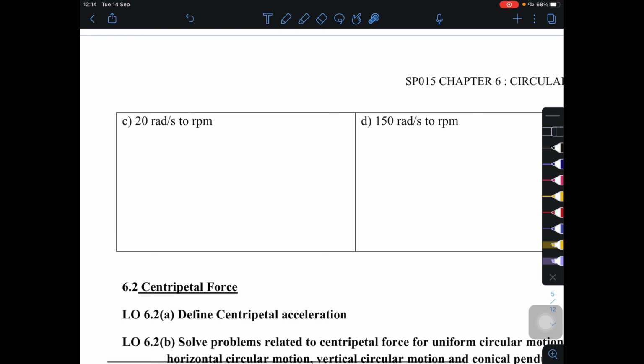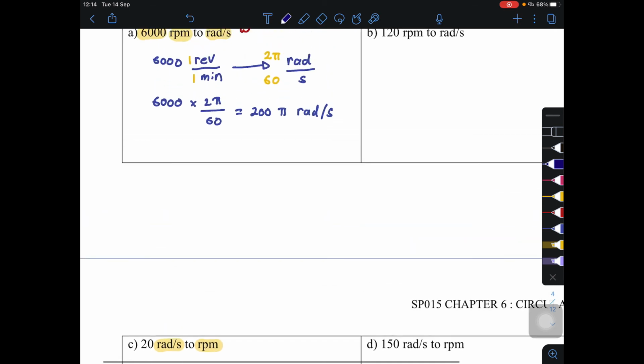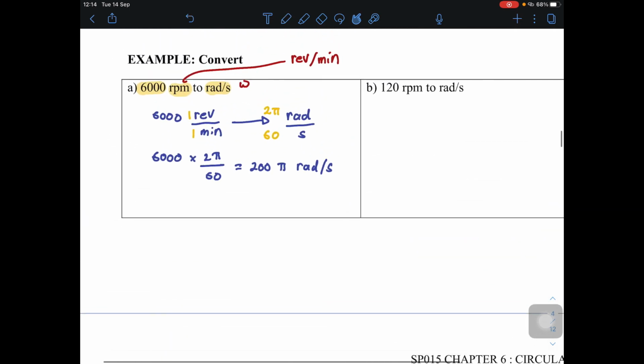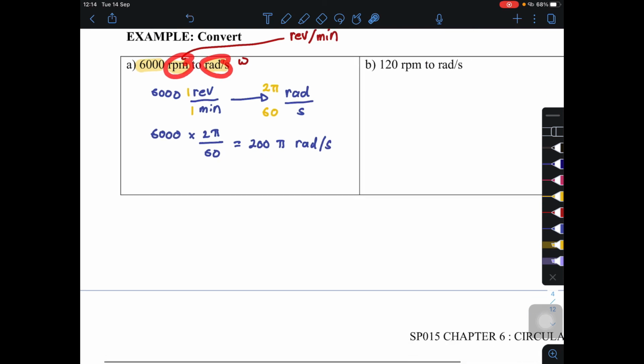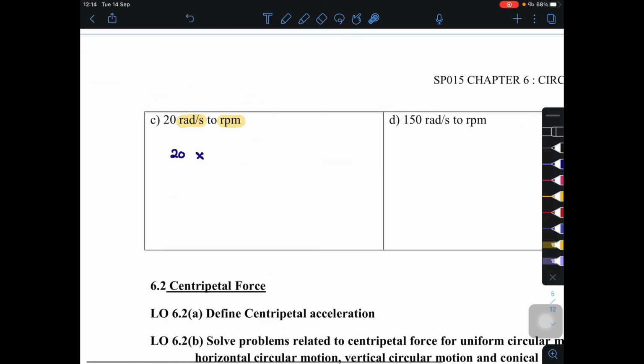So next one, terbalik daripada radian per second to revolution per minute. So 20 times with benda yang sama, kita akan multiply. Tetapi sebab dekat sini kan kita daripada RPM to radian per second, kita darab dengan 2 pi over 60. So now kita mau terbalikkan dia. So 60 di atas, 2 pi di bawah.